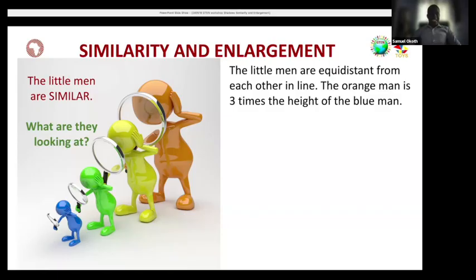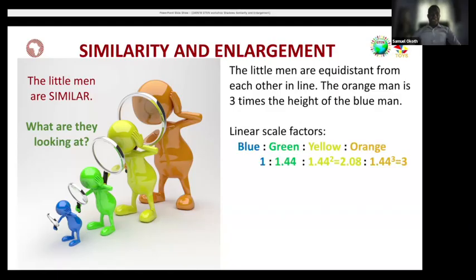They are in line from color blue, green, yellow, and the last color is orange. Now, if we have a closer look, you will realize that the first, who is blue, is similar throughout to the last, who is orange.